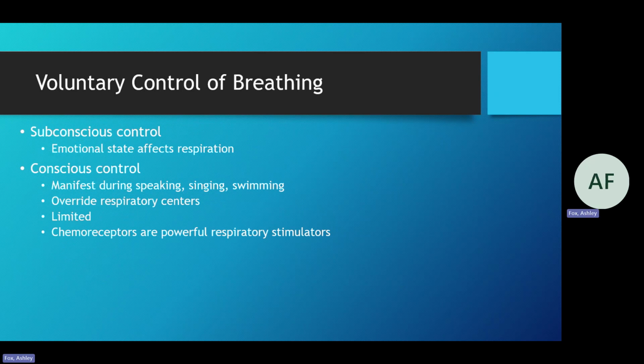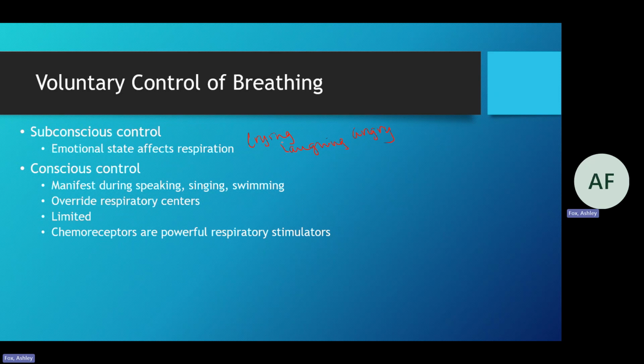We also have voluntary control up to a point. So we have subconscious control. So things like emotions, when you're crying, when you're laughing, when you're angry, all of that changes your breathing.